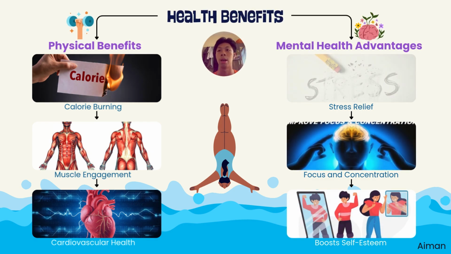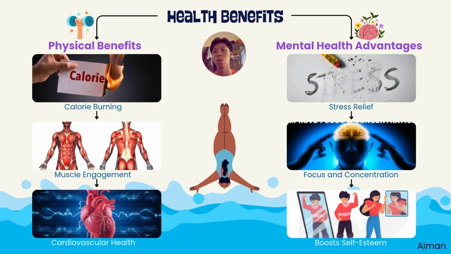Okay, now for the health benefits, we divided them into two types, which are physical and mental. So, first, physical benefits. Calorie burning. Oxford Cytology states that the butterfly stroke can burn approximately 450 calories in 30 minutes. And next, muscle engagement.